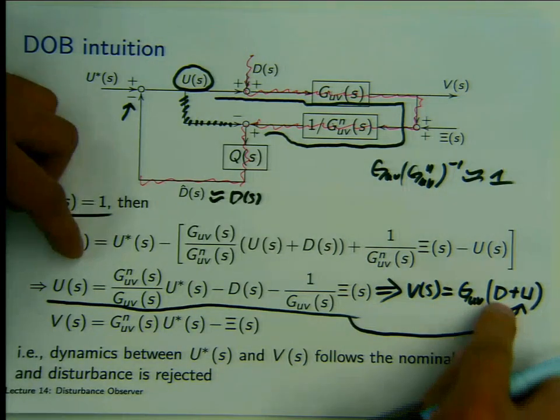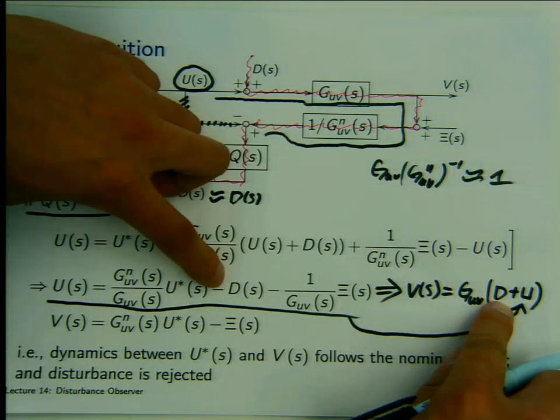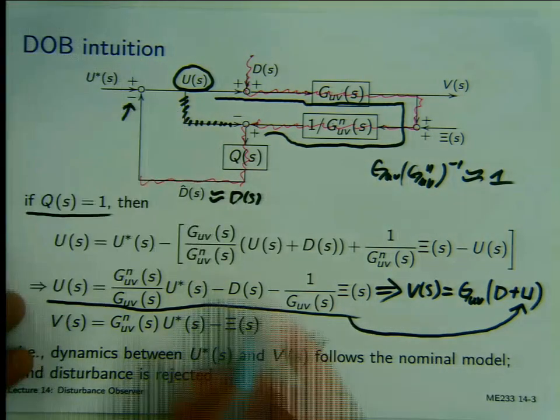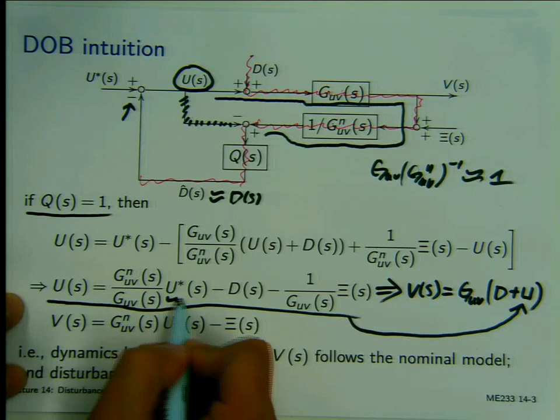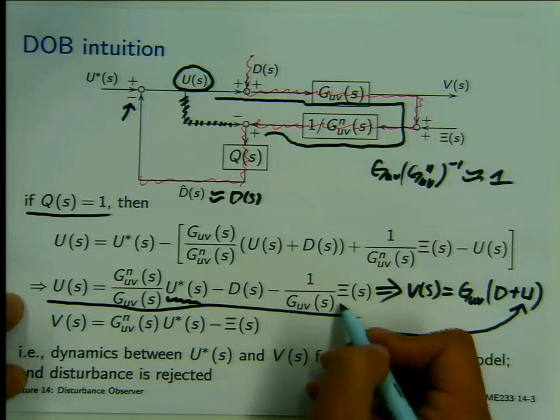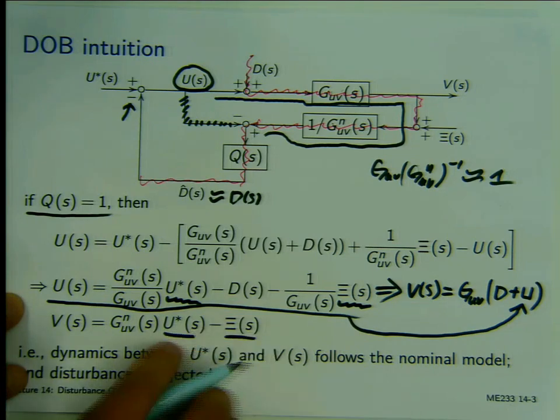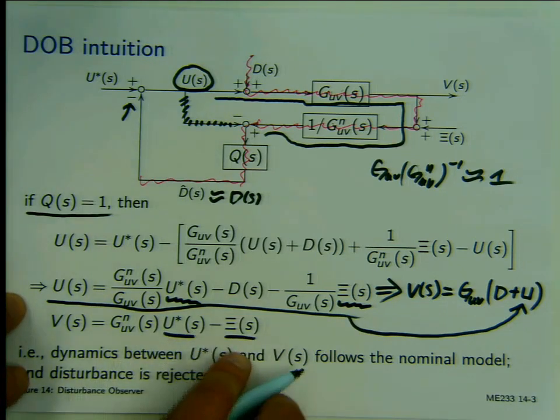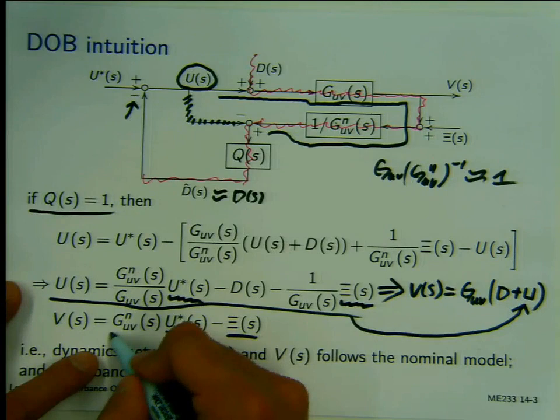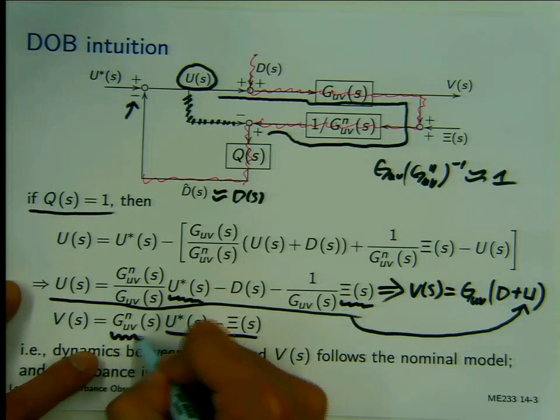You see, the D term is going to cancel with this negative D term, right? And the remaining part is going to be something related to U star and then something related to psi. And this is the final result. Look at the coefficient. Look at the dynamics over here.